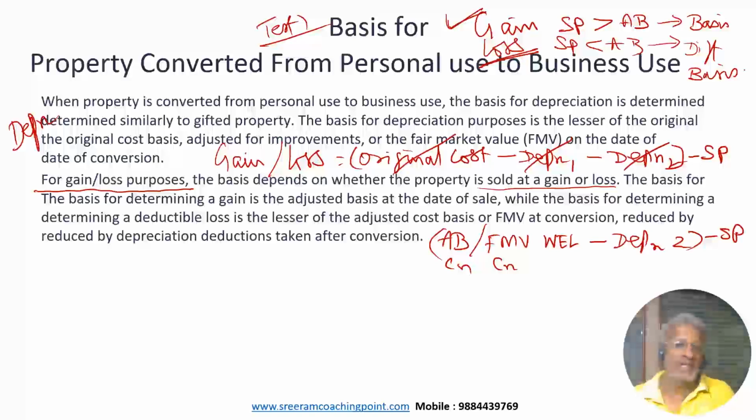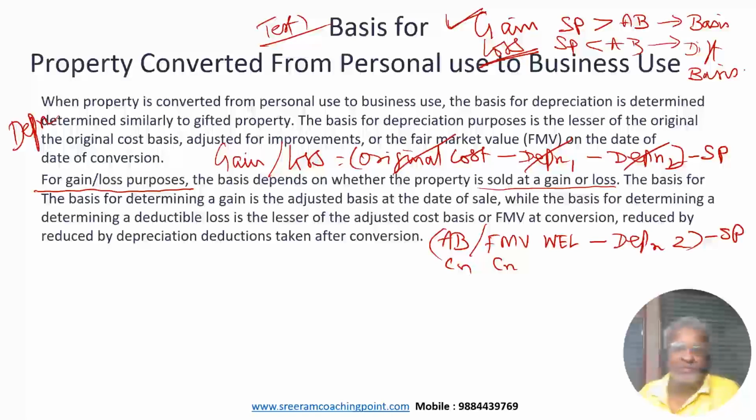So let me repeat once again. The basis has two different purposes: one for depreciation purposes, the other for gain or loss computation. Always understand that when a personally used asset is taken up for business purposes, it is taken only for the purpose of using it in the business. So depreciation is imminent, that is unavoidable.